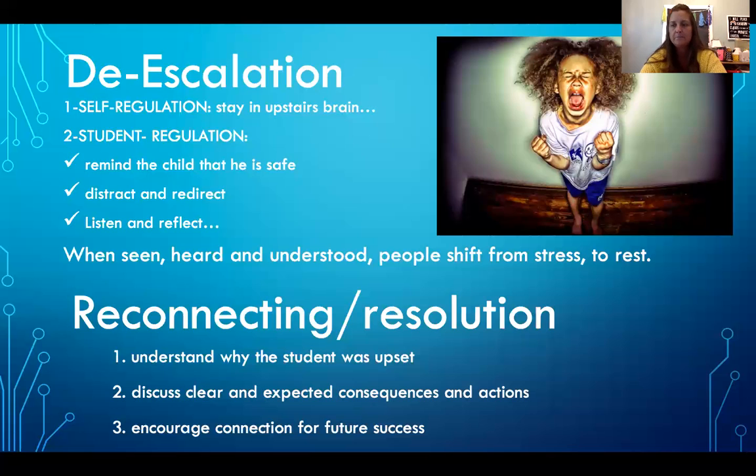If their outburst broke one of your classroom rules, then consistency is important, so they will have a consequence. And then again, encourage connection for future success, so that as these things happen in our classrooms, the child feels connected to us and is able to come to us and count on us consistently.